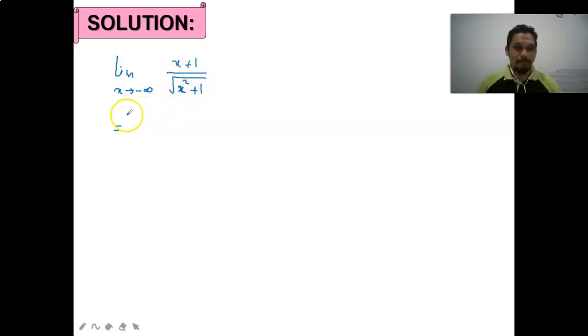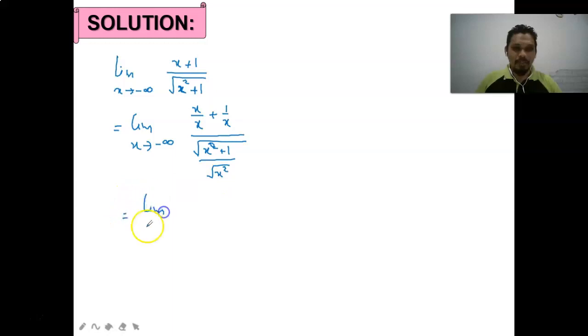So the limit as x approaches negative infinity is x divided by x plus 1 divided by x, divided by the square root of x squared plus 1 divided by the square root of x squared.